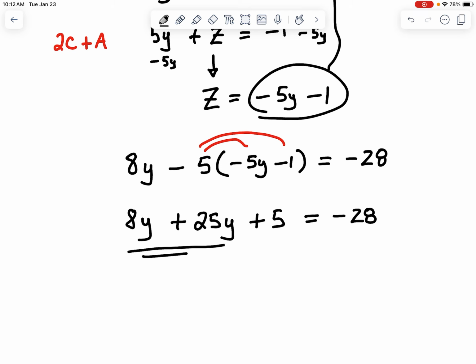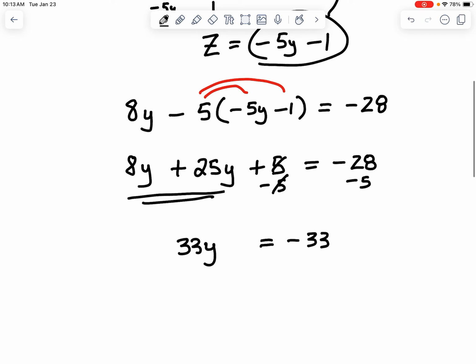So when you combine the y terms, 8 plus 25 is 33y, and then just subtract 5 from both sides, and negative 28 and negative 5 is negative 33. So that means that y equals negative 1. So divide both sides by 33, y equals a negative 1.